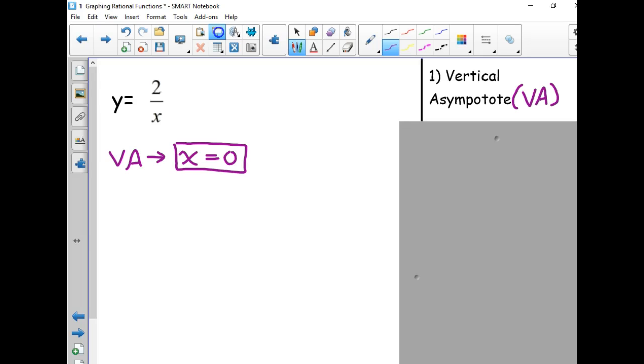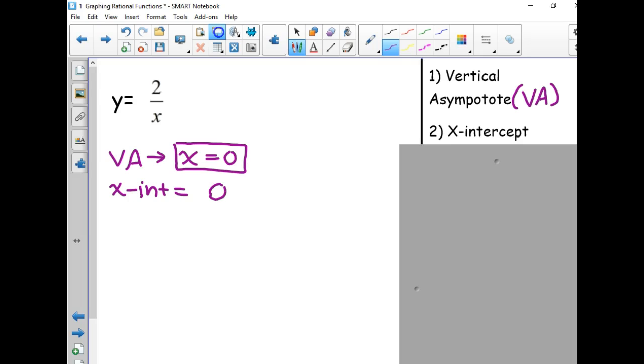The next thing I want you to find then is your x-intercept. What does it say in the directions for your x-intercept? So for the x-intercept, we would set 2 equal to 0. Why am I setting 2 equal to 0? If you really think about it, I'm actually setting y equal to 0, because the x-intercept is whatever makes y 0.